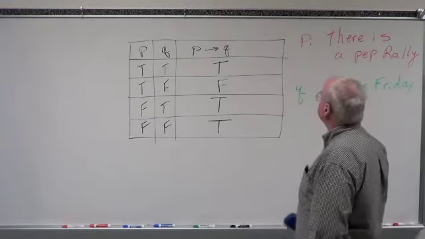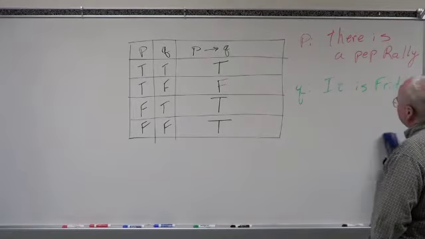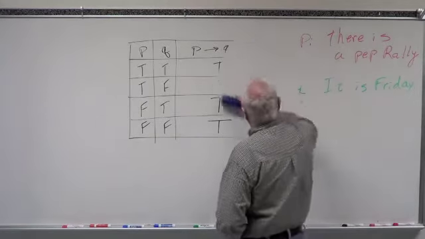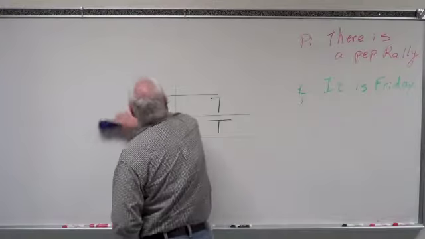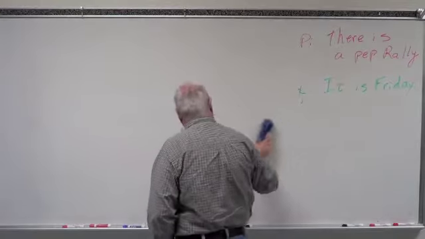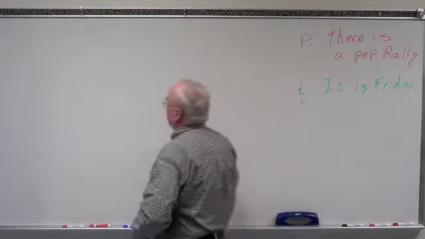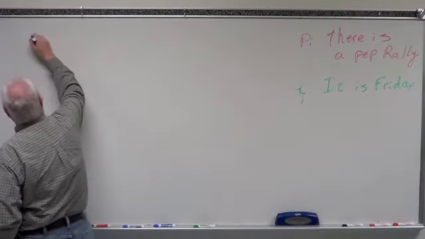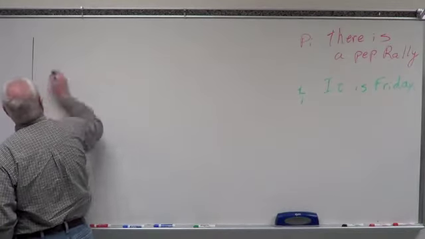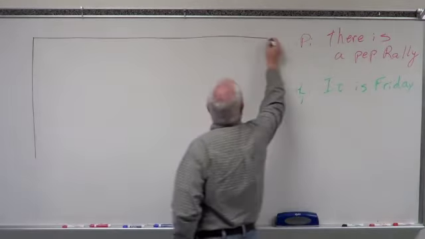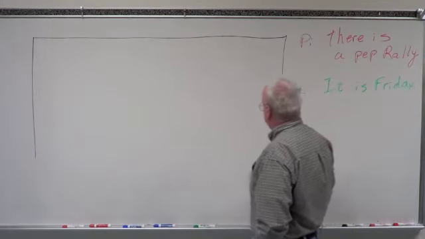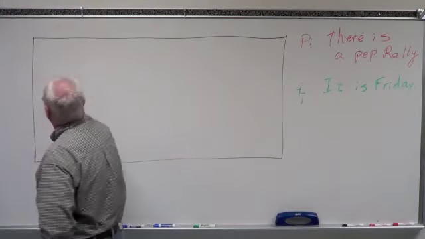All right? Now, there are some other things that go along with this. It's what we call related conditionals. I'm going to go over here and extend this truth table, include a whole bunch more stuff. Okay?